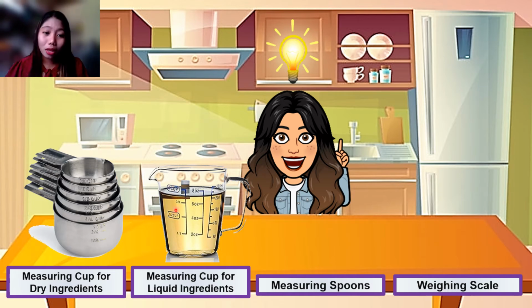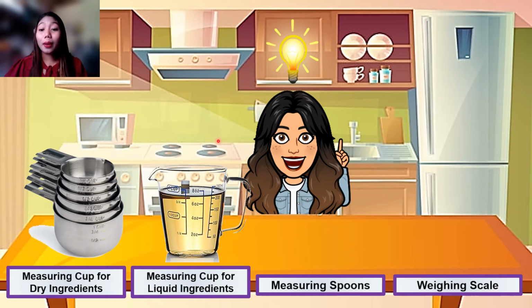Hindi lang cup ang kanyang measurement na nakasulat, may ounce, may milliliter. But the bottom line is this measuring cup is used for liquid ingredients like water, soy sauce. So, we already have two measuring tools: the measuring cup for dry and the measuring cup for liquid ingredients. The one is for powdered products or ingredients, and the one is for liquid.